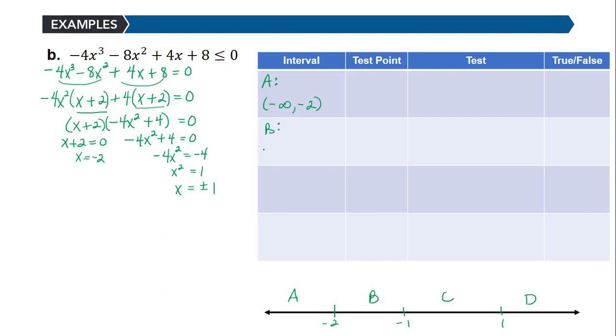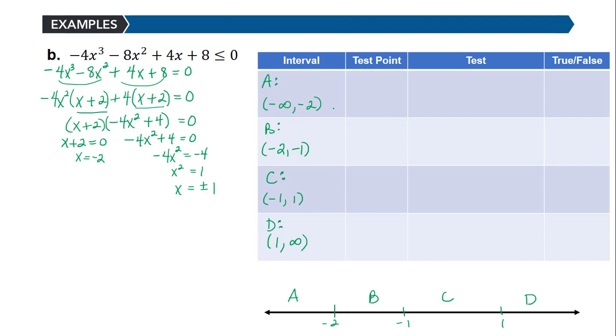Region B is between negative 2 and negative 1, so the interval negative 2, comma negative 1. In region C, we have the interval between negative 1 and 1. And region D is everything to the right of 1, which is 1 to infinity.